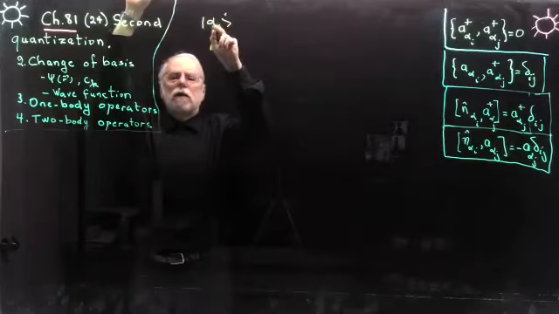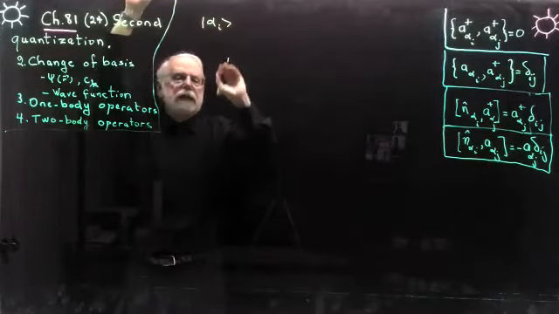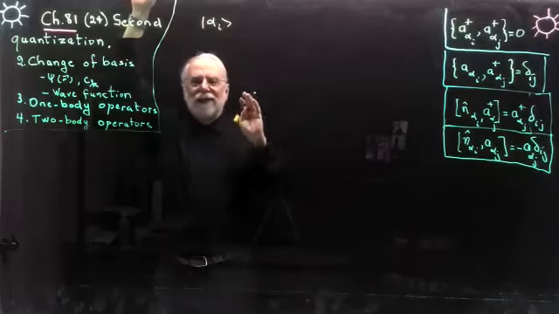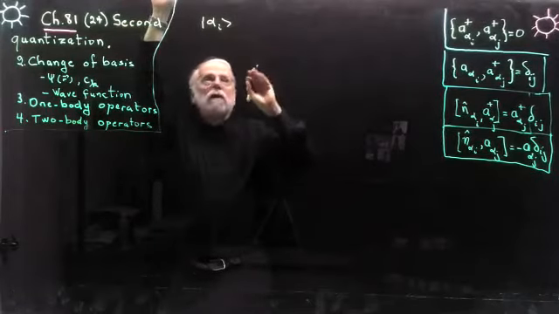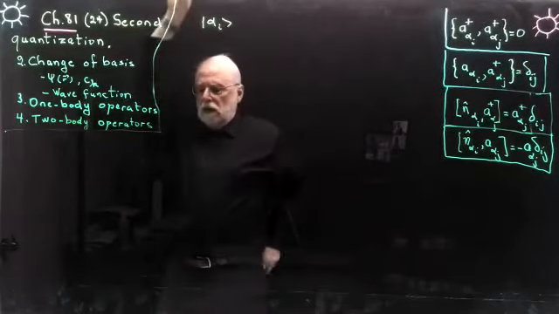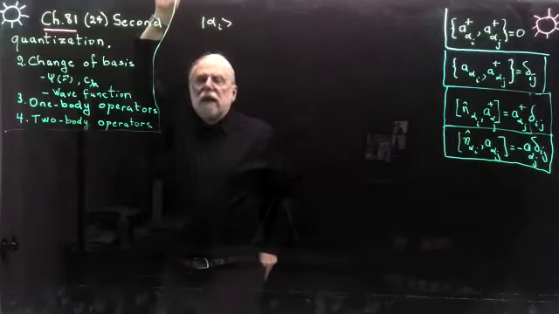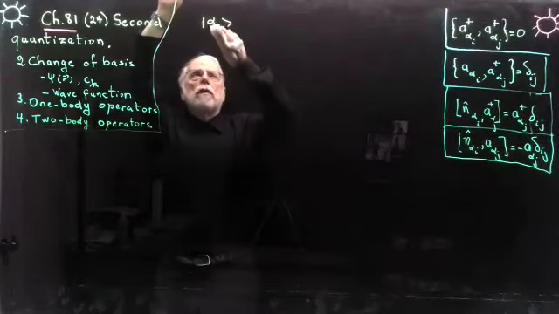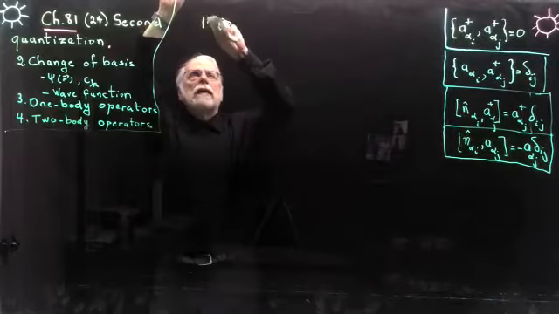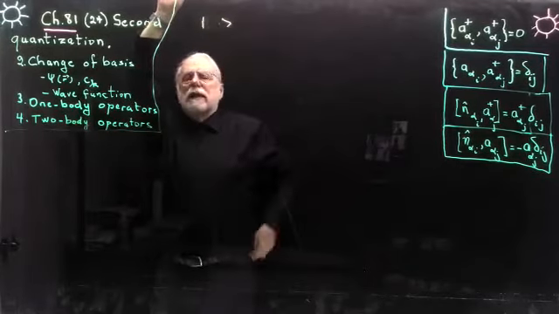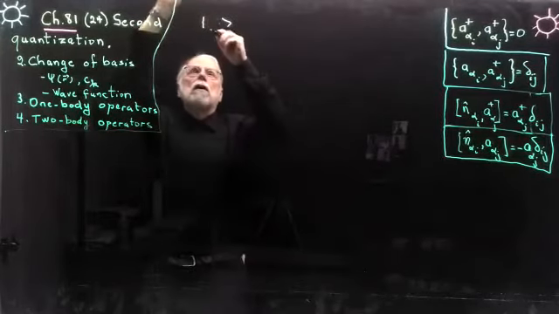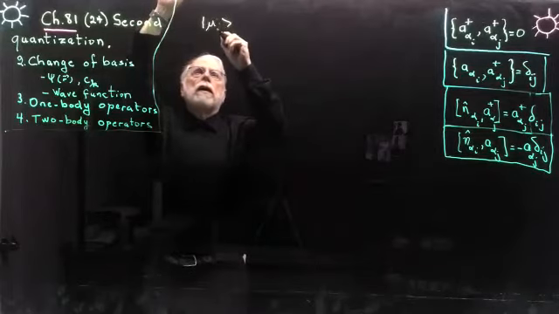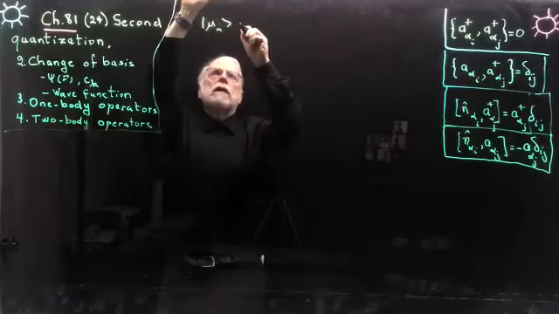So alpha could be position, for example, or momentum, or some orbital. It's quite general. So let's see if we have some other basis, for example some basis mu, where the elements are labeled m equals 1, 2, 3, etc.